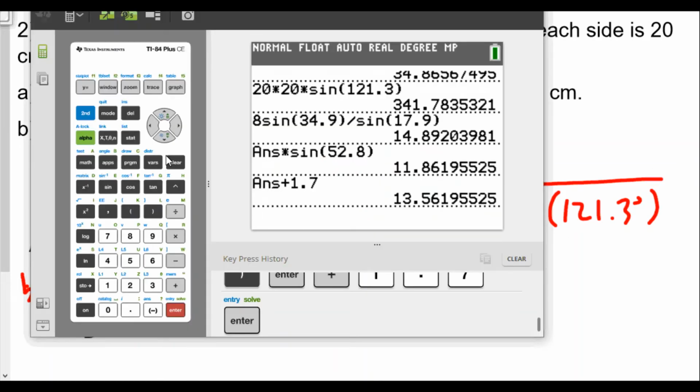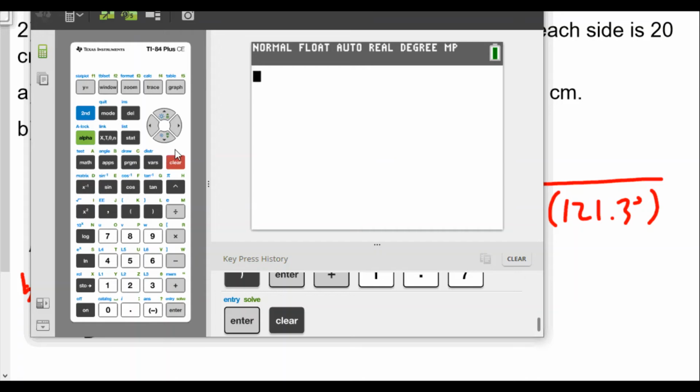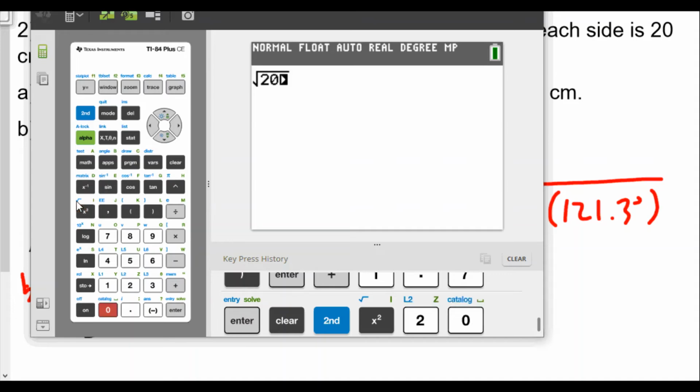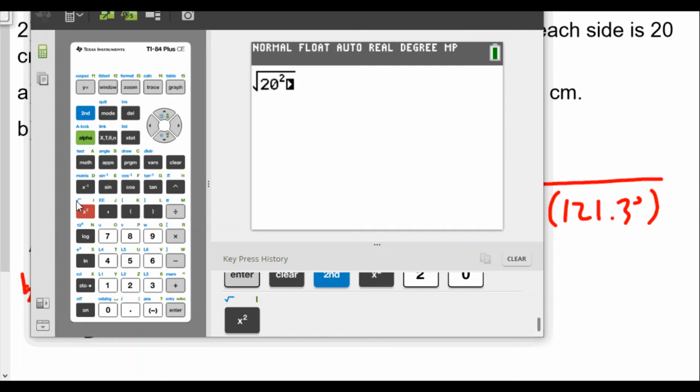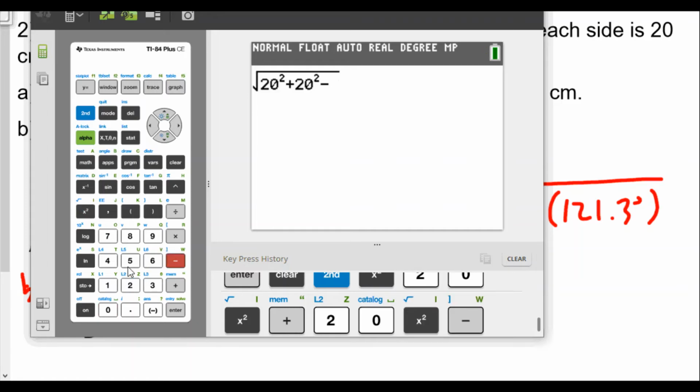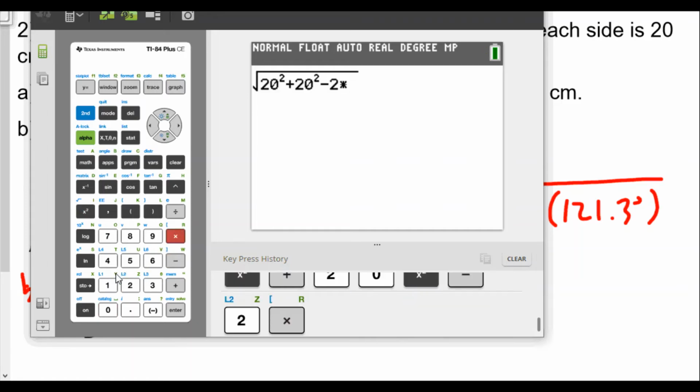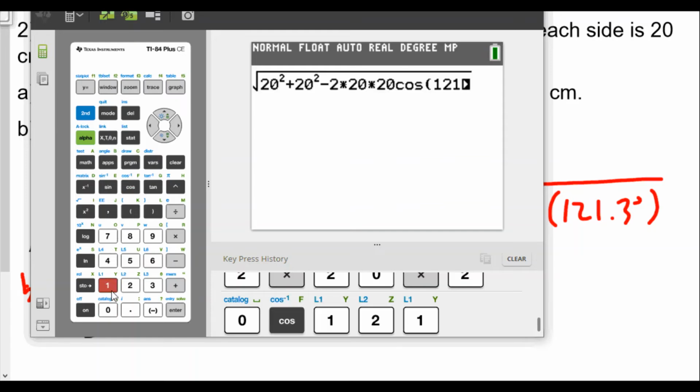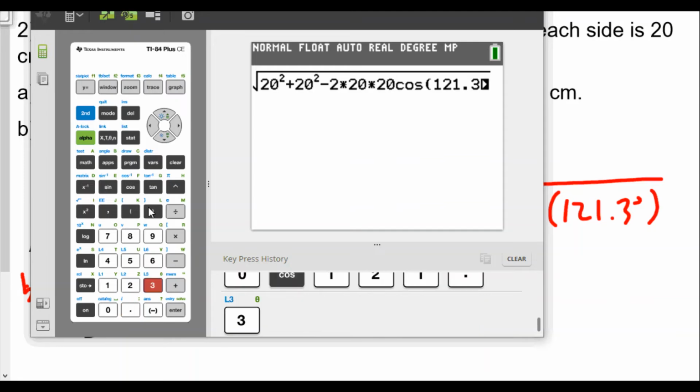Okay, so let's clear the calculator, and in this situation we'll use second square root, so we can do everything in one shot. 20 squared plus 20 squared minus 2 times 20 times 20 times cosine of 121.3 degrees.